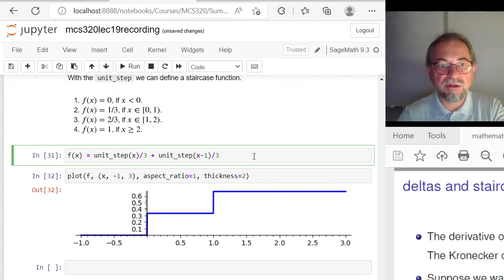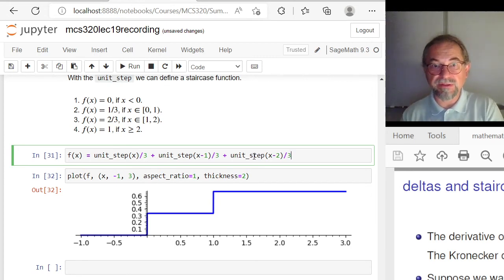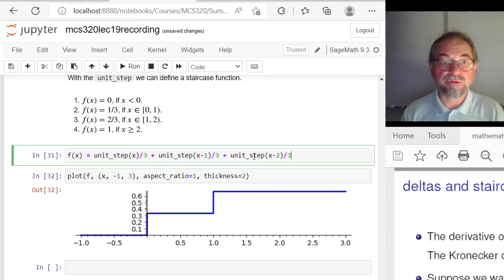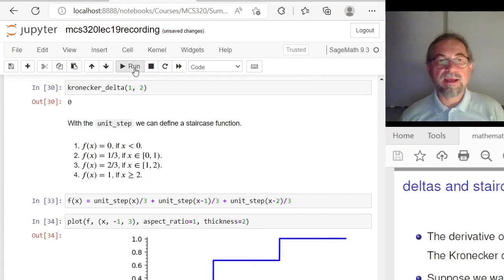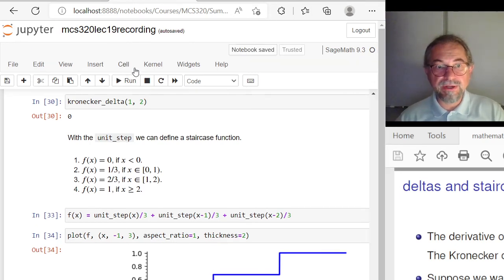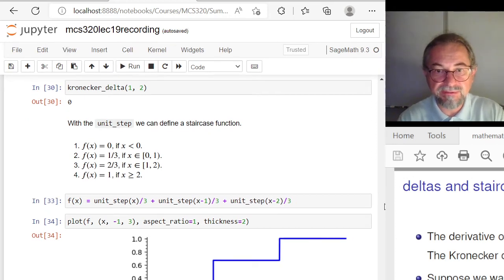Okay, so the rule worked, so I can apply the same shift when x is larger than 2. So x minus 2 is positive, then I can add another third. And here you see the step function.